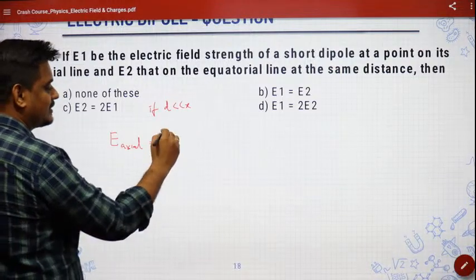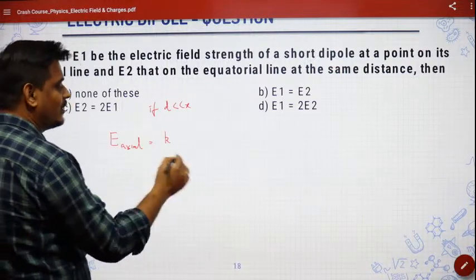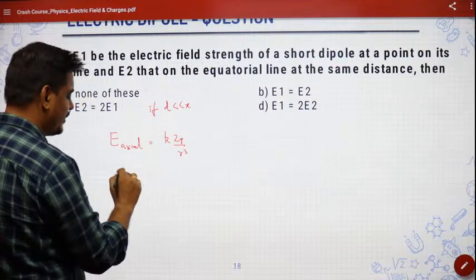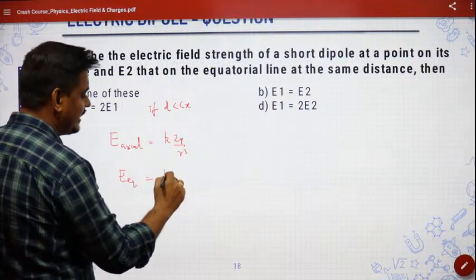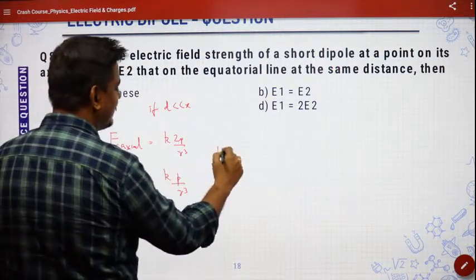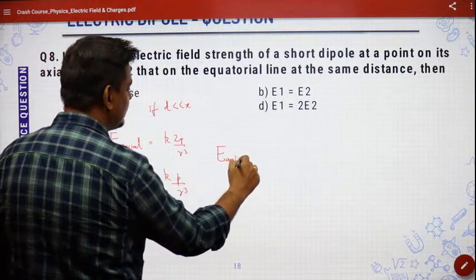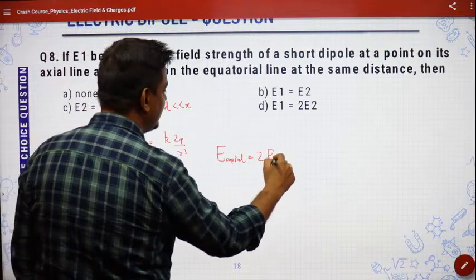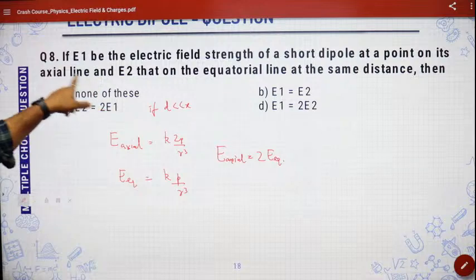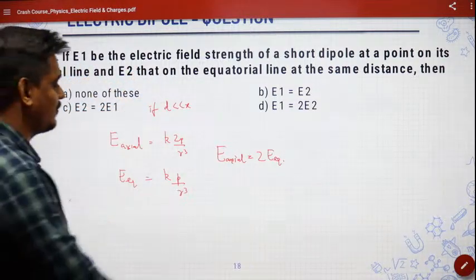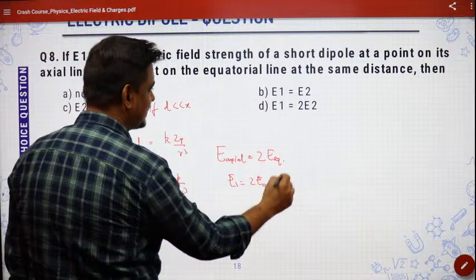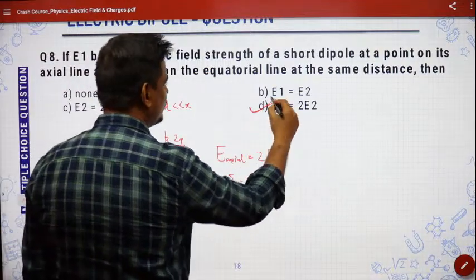E axial was k into 2p by r cube, I'm writing only the magnitude now, and for equatorial it was k into p by r cube. So very clearly we can see that E axial is 2 times E equatorial. They have given E1 as axial and E2 as equatorial, so obviously E1 will be equal to 2 E2.